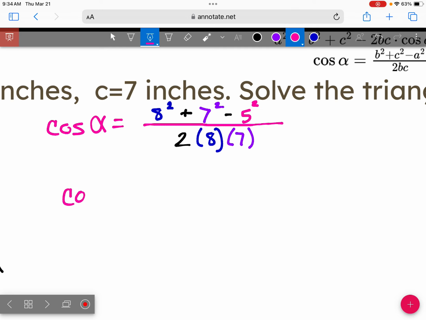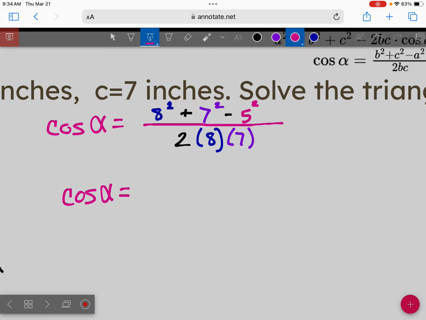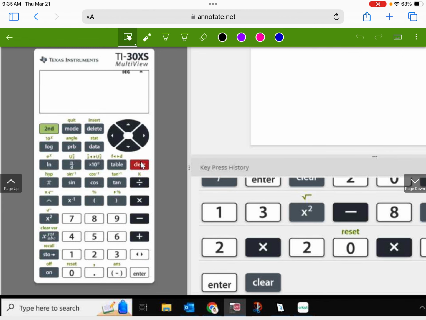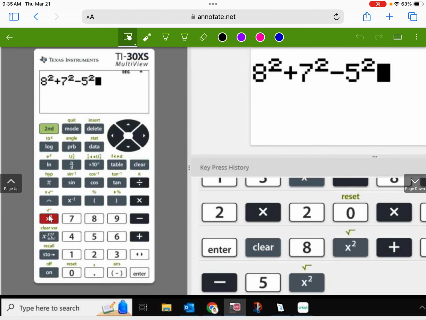So our cosine of alpha, when we simplify that, we're going to do our 8 squared plus 7 squared minus 5 squared.